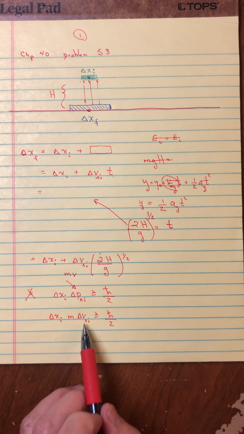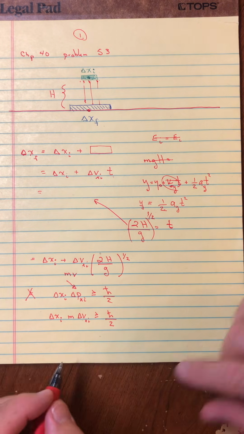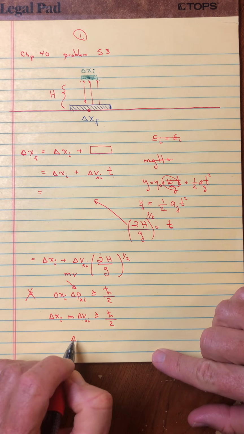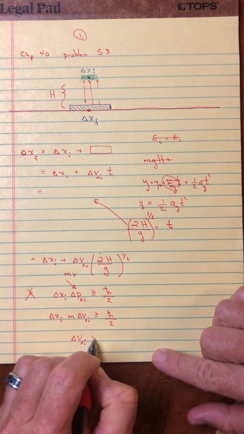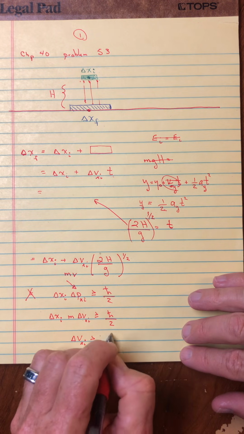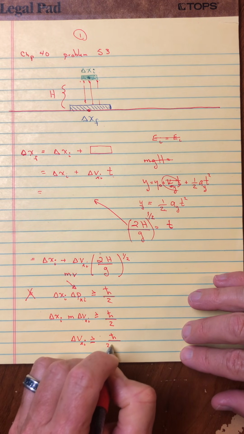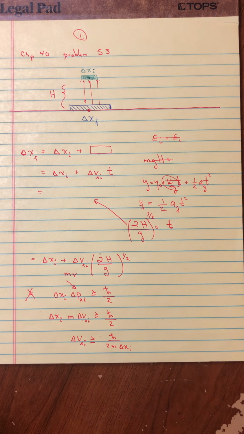So there's what I'm trying to hunt for here. So this would be the uncertainty in the speed in the x direction has to be at least greater than or equal to h bar over 2m times the uncertainty in the x direction.